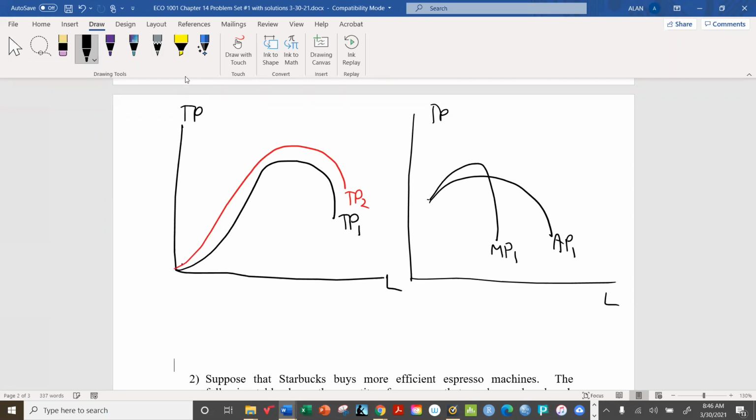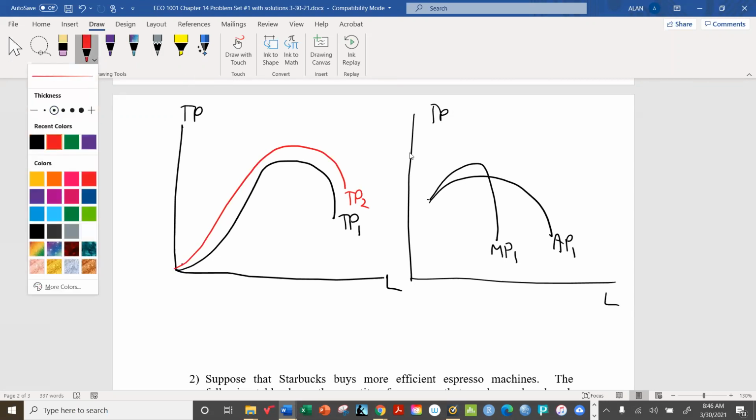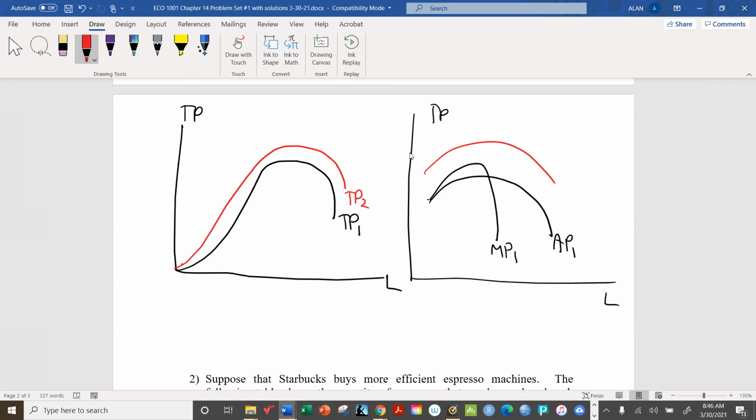Then what would have happened is that with the new total product curve, we would have had something like this. In other words, they're basically the same shape, except that they're shifted up. Okay, and again, it's because of increased productivity due to the increase in the quality of our equipment.